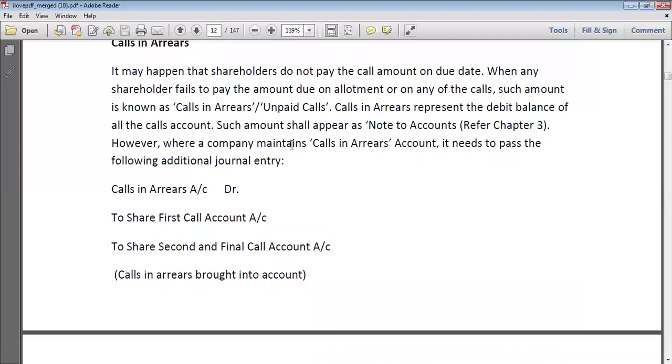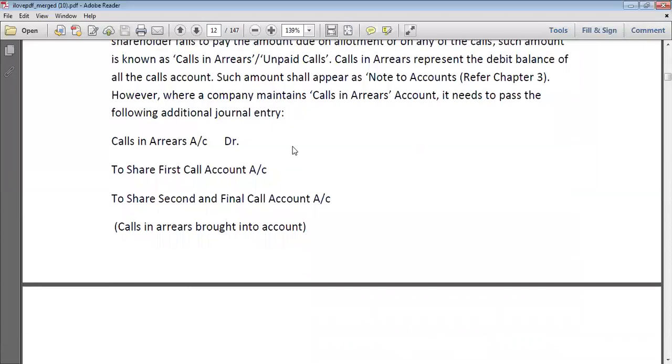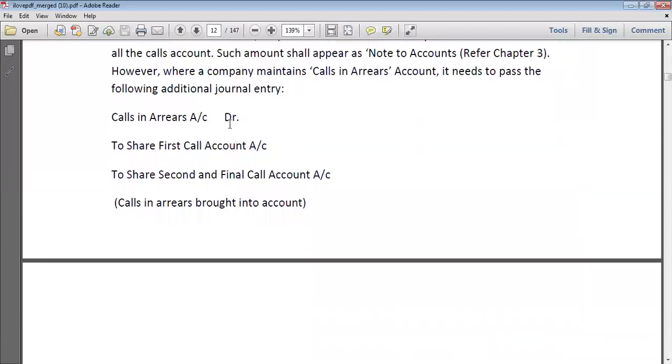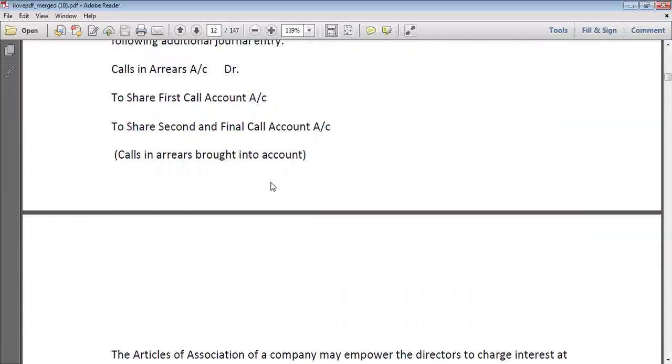So what entry will be passed in the case of calls in arrear? Calls in arrear is a loss for the company. That's why we will debit the calls in arrear account. So calls in arrear account debit to share first call account. Or if we don't receive the amount on the second call, then we will debit it to share second and final call.